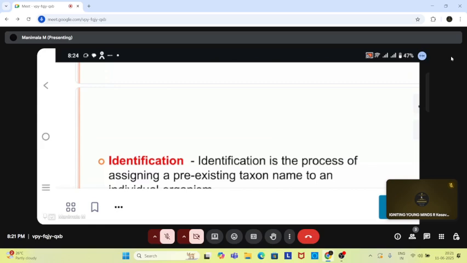Why do we need a nomenclature? Botanical name, yes sir. After that we go to binomial names.